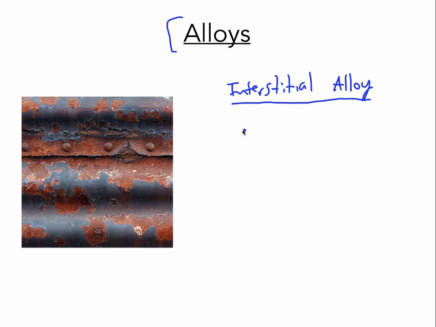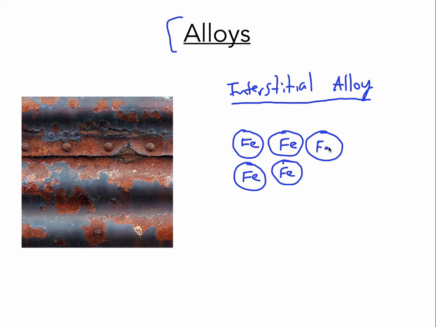So steel is basically a bunch of iron atoms. Okay, I'm going to draw a very simple alloy here. I'm just going to draw 6 atoms. Actually, just to make the point, I'm going to draw 9 because I feel like it.